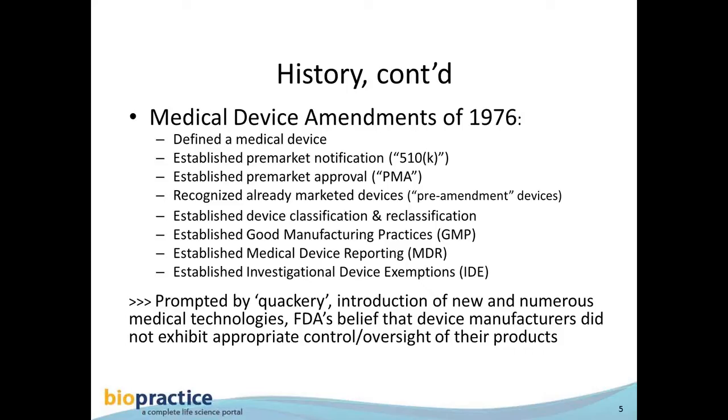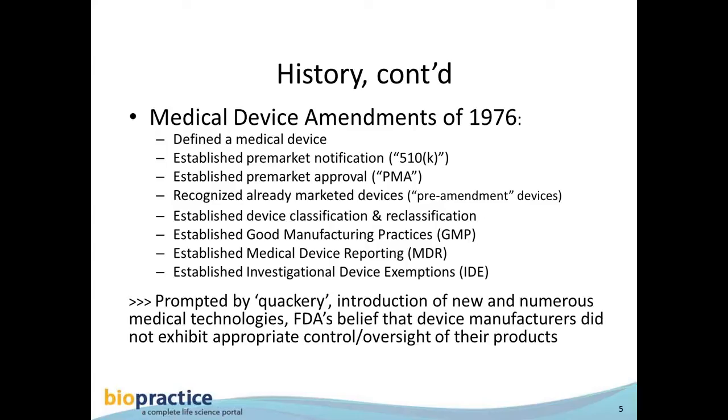In other words, between 1938 and 1976, FDA took a hands-off approach and assumed that medical device manufacturers would follow good manufacturing practices similar to what was already in place for drugs and biologics. And they just sort of waited to see how the market would sort itself out.